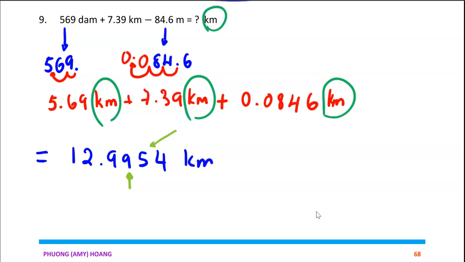If it's less than 5, equal to 4 or below, then I'll leave this number alone, right? But in this case I have 5, so I have to increase 9 by 1.